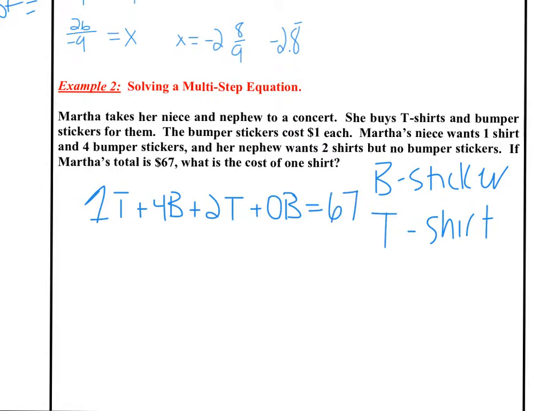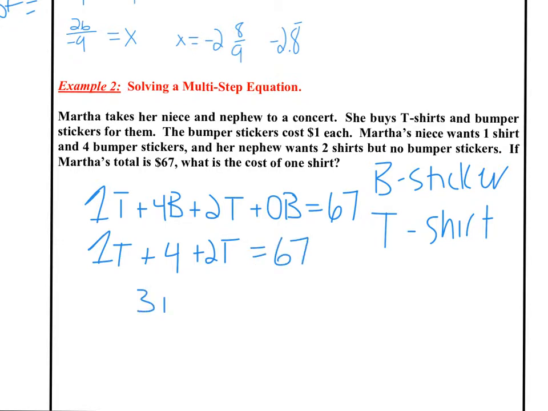Now I'll simplify this a little bit and plug in some things that I know. Still 1 t-shirt for the niece, but 4 bumper stickers would cost $4, so I'll change that to 4. 2 t-shirts for the nephew, and 0 bumper stickers would cost $0, so I won't put that in there. $67 total.